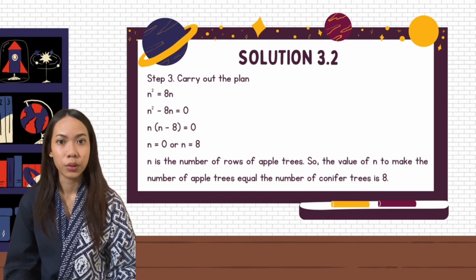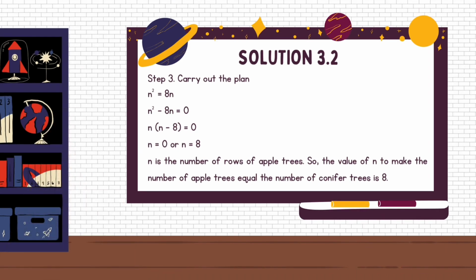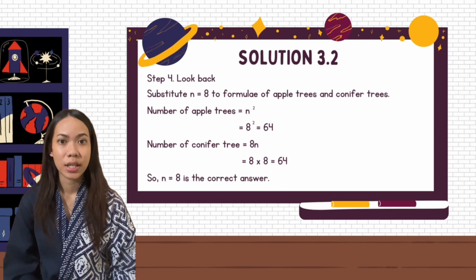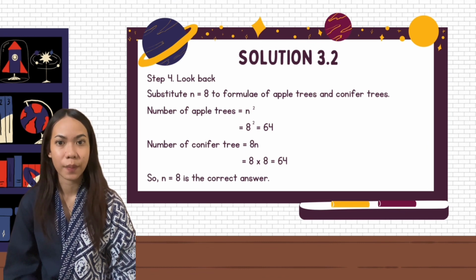So the value of n that makes the number of apple trees equal the number of conifer trees is just 8. After we substitute n equals 8, we get that the number of apple trees and conifer trees is 64. So we have found a value that makes the number of apple trees equal the number of conifer trees. So n equals 8 is the correct answer.